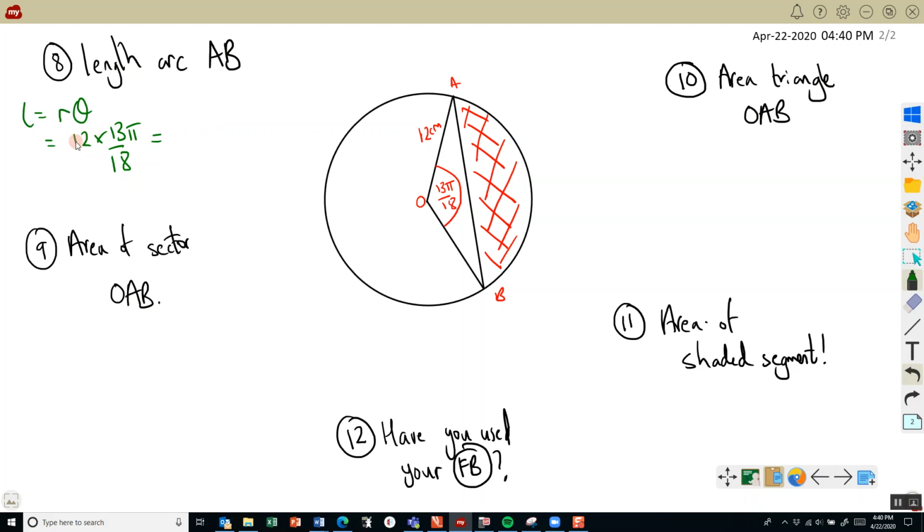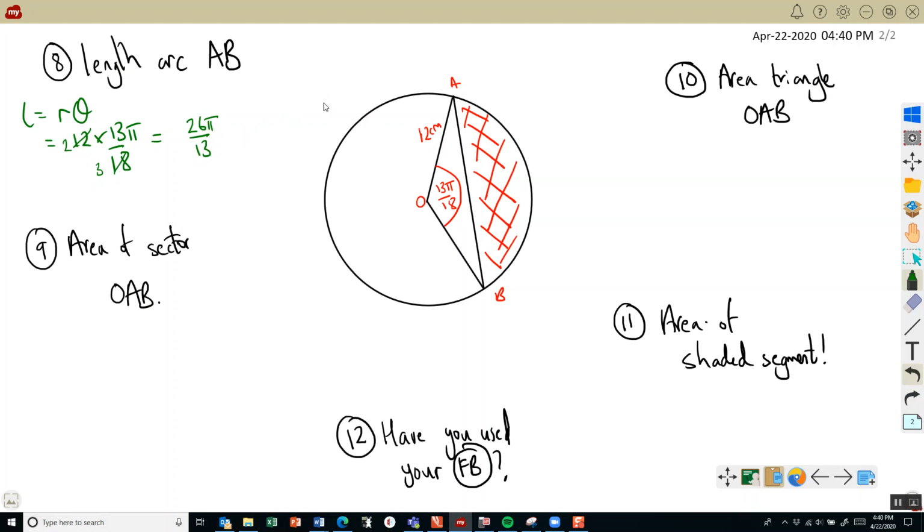Sorry, it doesn't go in fully, does it? 3 goes into 12 4 times. 3 goes into 18 6 times. Oh, I can go again, can't I? Let me just redo that. Sorry. 6 goes into 12 twice. 6 goes into 18 3 times. So I get 26 pi over 13.